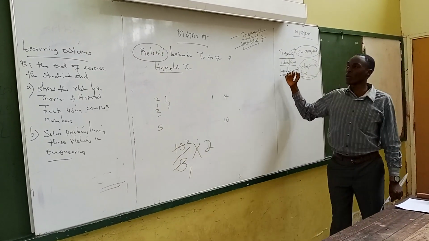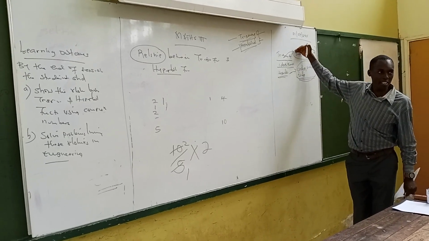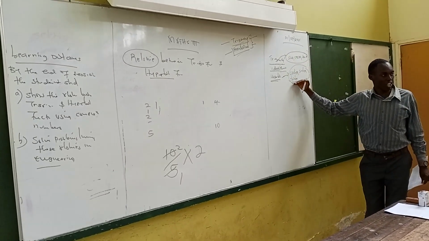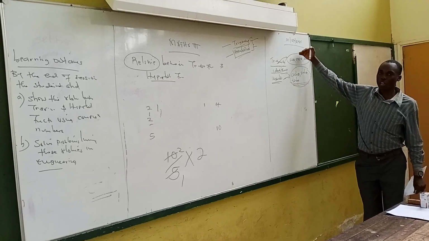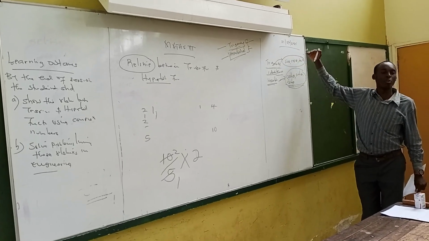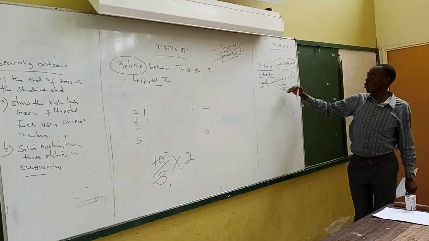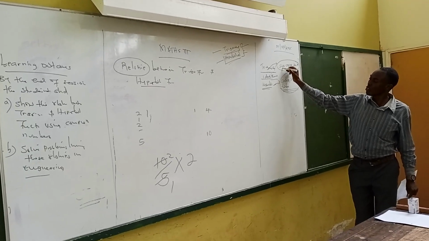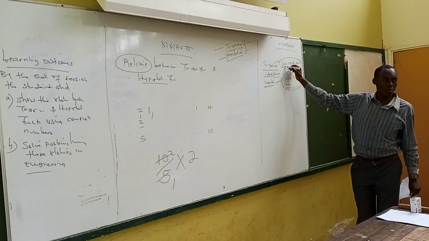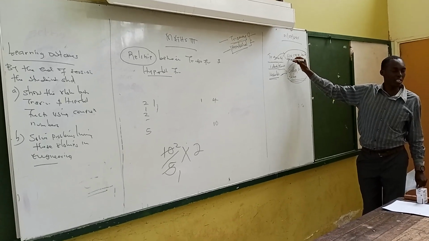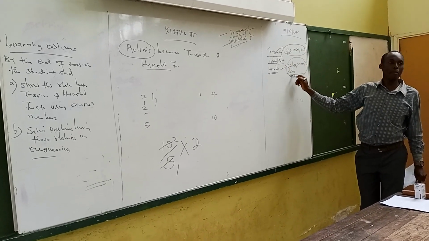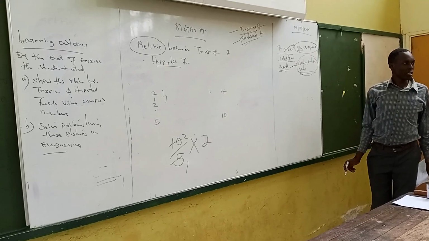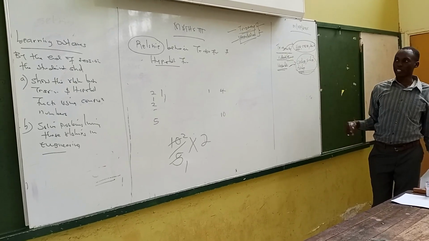How do we come from the sine to the sinh, or from the cosine to the cosh? If you have a sine theta and you are told to convert this sine theta into a hyperbolic equivalent, how do we go about that?